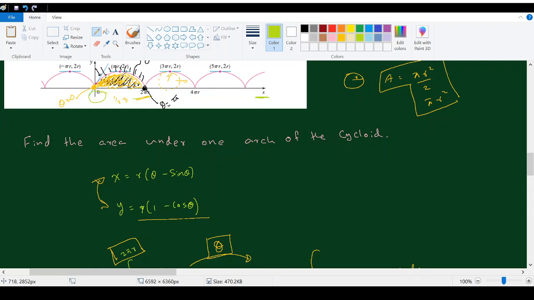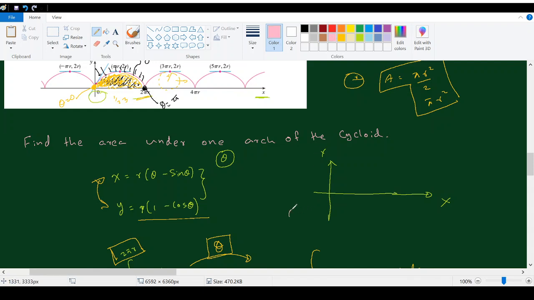curve and the corresponding parametric values, right? So now we know that the curve is represented by this parametric equation, and we also saw that by changing the values of this parameter theta, you can have different x and y values.